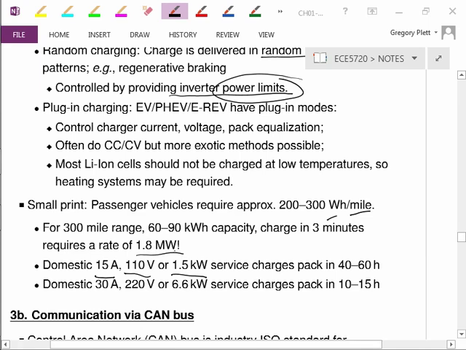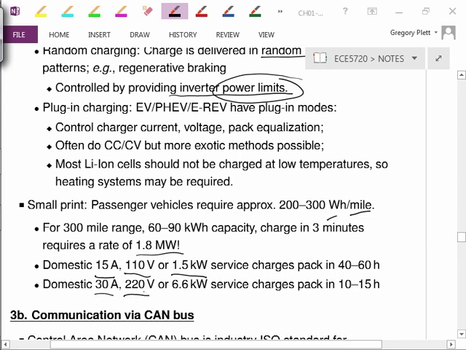So if you have a small plug-in hybrid, maybe a 10-mile range or a 20-mile range hybrid, you could probably get away with a 15 amp, 110 volt circuit, and that would probably charge rapidly enough for most people. But that's not going to be enough for an electric vehicle that's used regularly. So electric vehicles usually use something much beefier than that. Let's consider a 30 amp circuit, 220 volts AC. This is a dryer circuit.